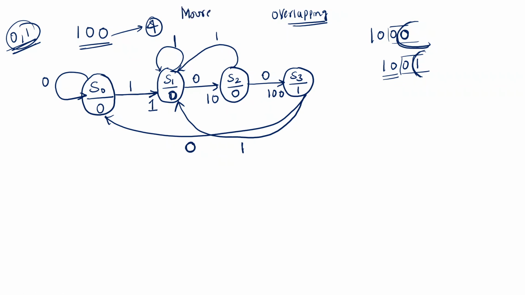For 100, for both overlapping and non-overlapping, we'll get the same state diagram. Actually, suppose the input is 1 0 1 0 0 1 0 0. After that, if I am getting 0 it will go to this state. And after 1 0 0, if I am getting 1, it will start from the initial state. Non-overlapping means it will start from the initial state.